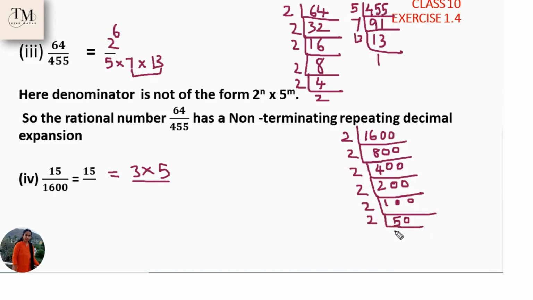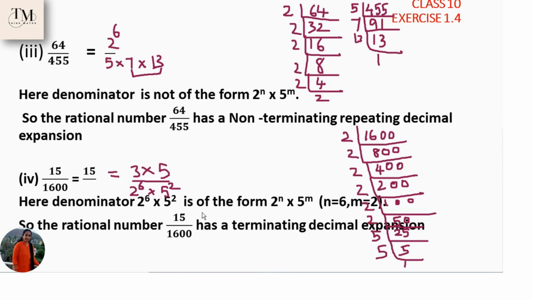Again if I take 2, 2 twos are 4, balance 1, 5 twos are 10. Now I take 5: 5 fives are 25, so 5 ones. How many twos are there? 1, 2, 3, 4, 5, 6. So it is 2 power 6 into 5 appearing 2 times, 5 power 2. So this denominator is of the form 2 power n into 5 power m, and this rational number has a terminating decimal expansion. Here n takes the value 6 and m takes the value 2.